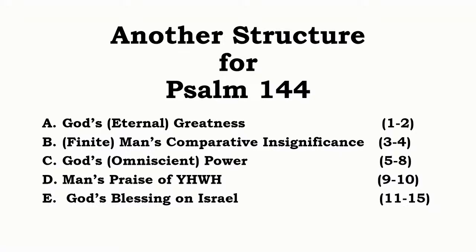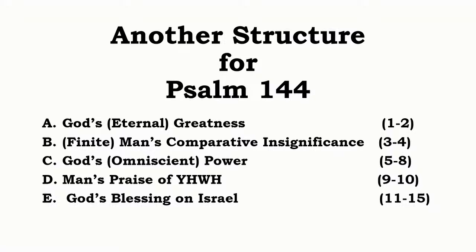And in verses 5 through 8, we have a description of God's power, God is omniscient. And then in verses 9 and 10, we have man's praise of Yahweh, which is essentially, again, another statement of man's thoughts about God.